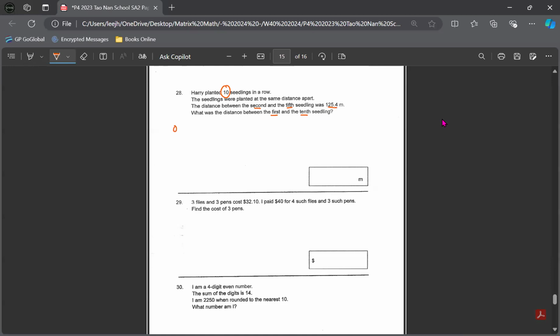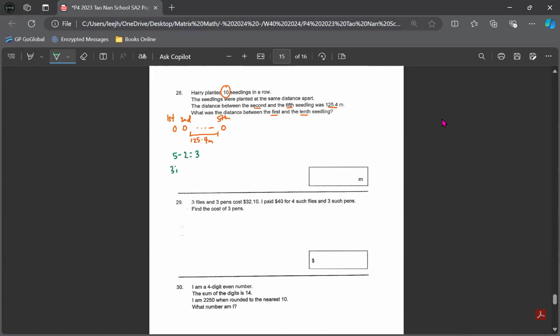So I draw a little bit. This is first, this is second, all the way to the fifth. This is 125.4 meter. From the second to the fifth, there will be a number of intervals. How to find the intervals between second to fifth? 5 minus 2, 3 intervals.